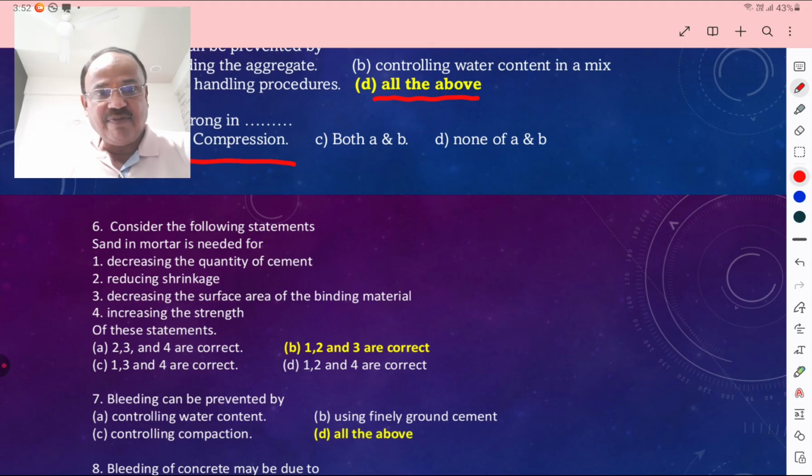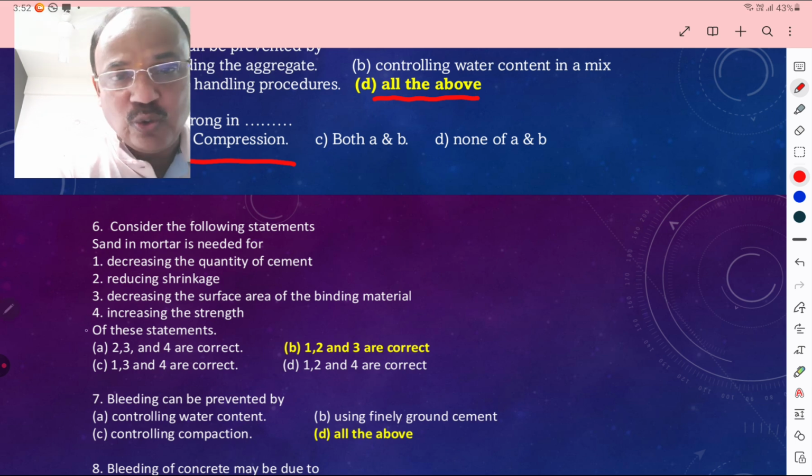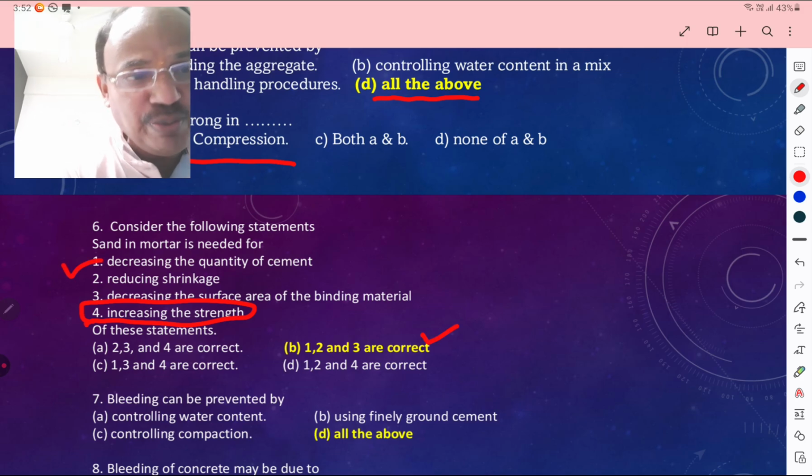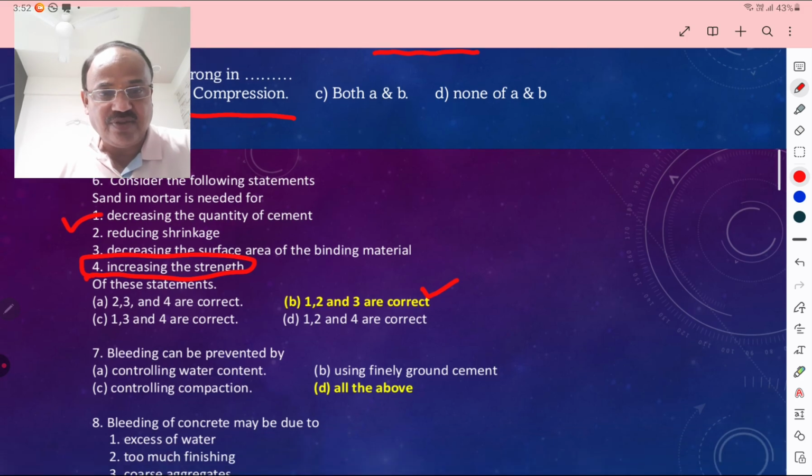Sand in mortar is needed for decreasing the quantity of cement, for reducing the shrinkage, for decreasing the surface area of binding material, and increasing the strength. First, decreasing the quantity of cement is correct. Second, reducing the shrinkage is correct. Third, decreasing the surface area of binding material is correct. But fourth, increasing the strength is not correct. So 1, 2, 3 are correct. So option B is the correct answer.